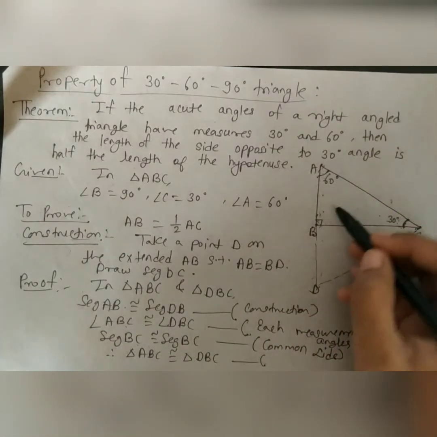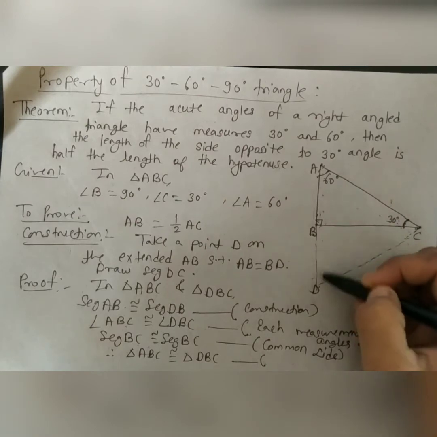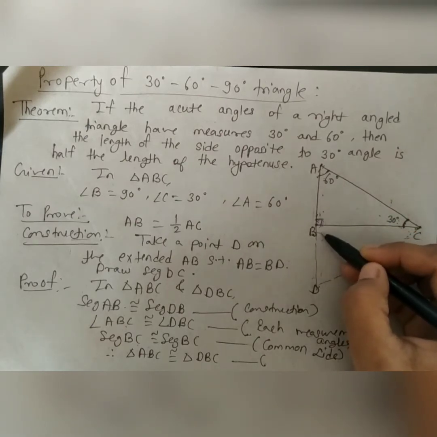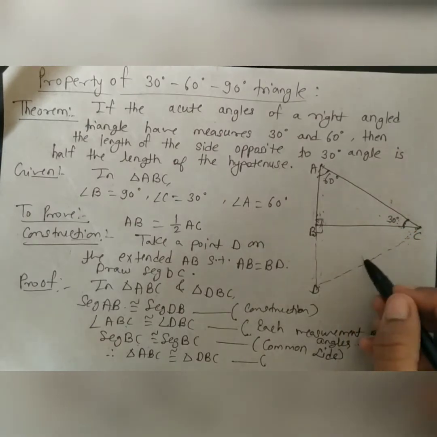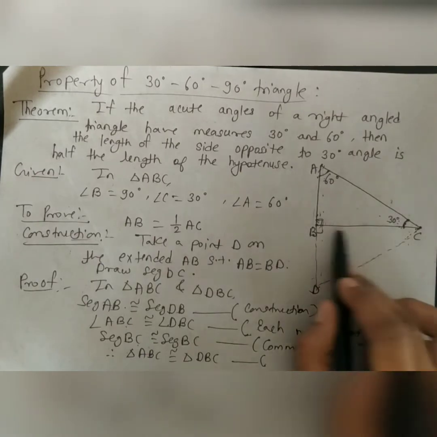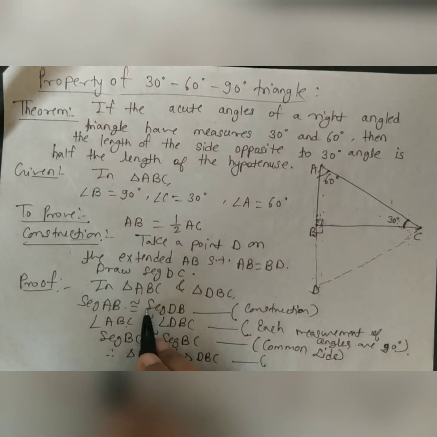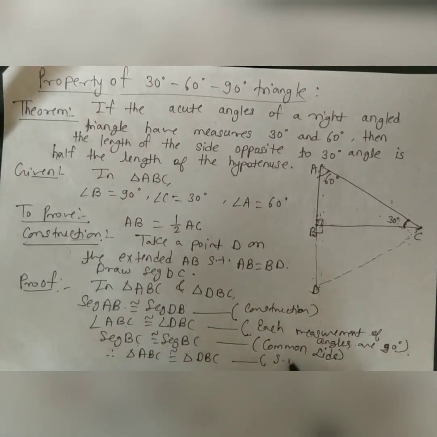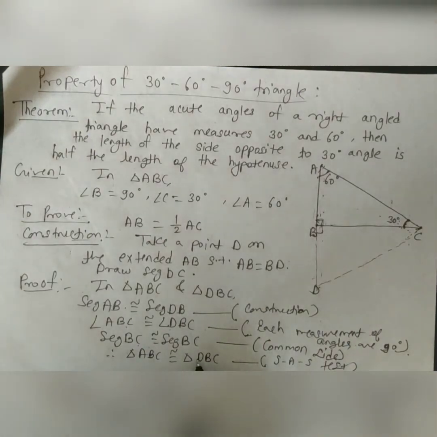This side is the same as this side, then this angle is the same as this angle, and then this side is the same as itself. So by the side angle side test, triangle ABC is congruent to triangle DBC.